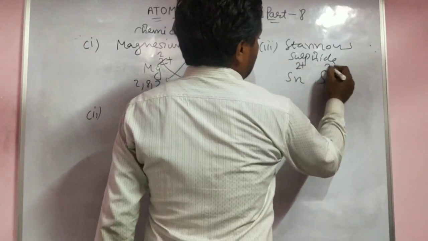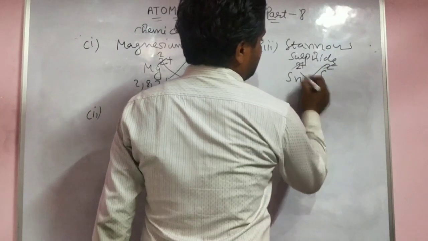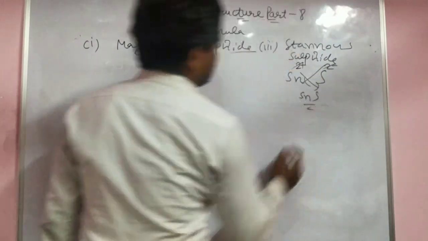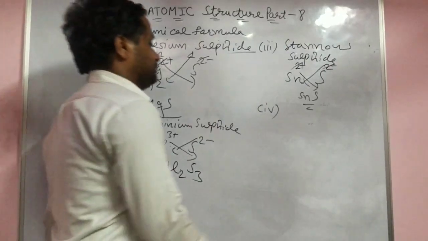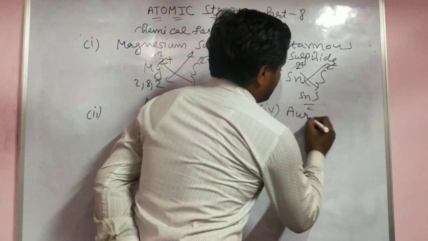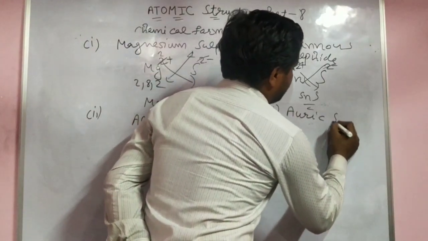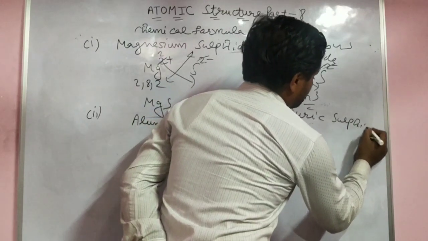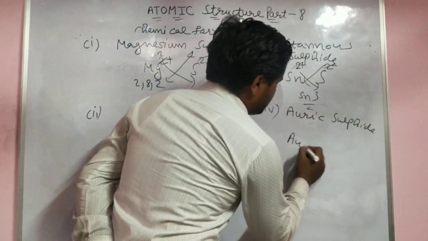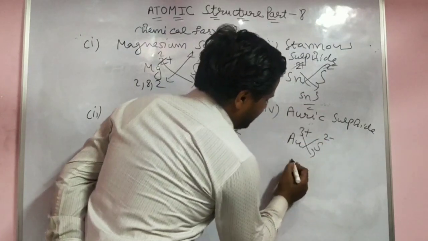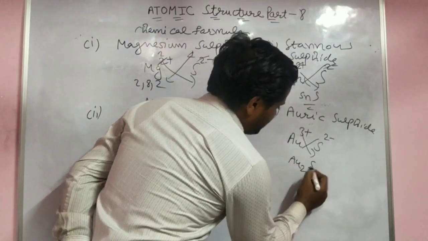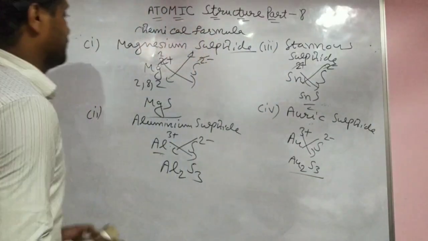Stannous, and here that is S and S. Yes, fourth. Any other? Auric sulfide. You know, auric gold 3 positive, sulfide 2 negative. That's all. Au2S3, very easy.